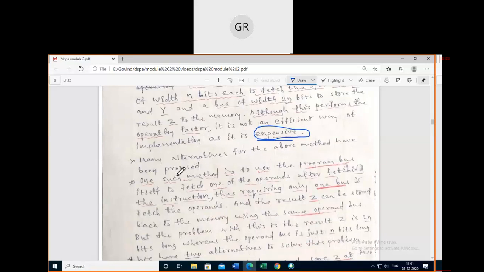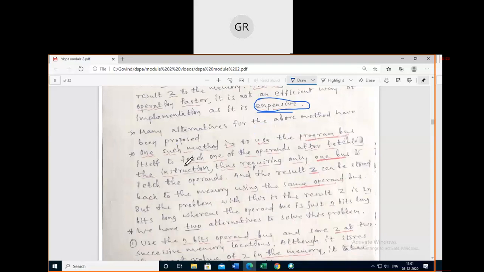Okay, one such method is to use the program bus itself to fetch one of the operands after fetching the instruction, thus requiring only one bus to fetch the operands, and the result z can be stored back to the memory using the same operand bus.